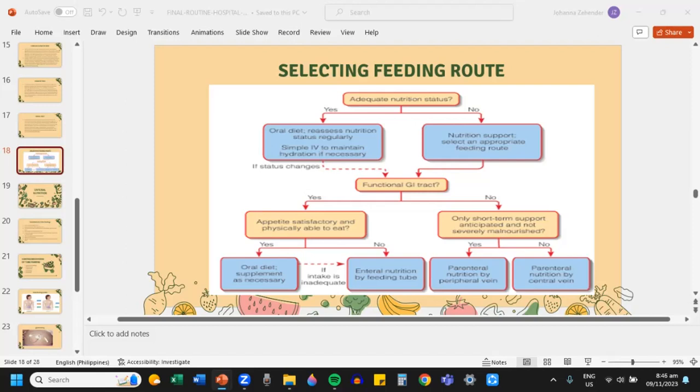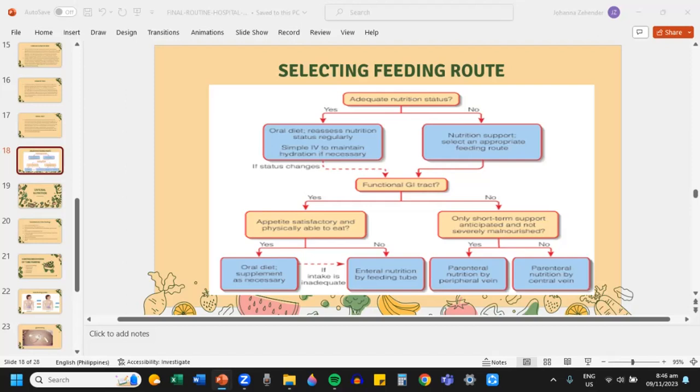Kasi hindi sila pwede sa peripheral veins because as the blood vessels branch out to the extremities, like those in the arms and legs, mas manipis yung mga veins on the periphery. And they cannot tolerate yung mga large volume IV fluids. That is why yung mga large volume IV fluids ideally nasa central vein sila nakakabit.